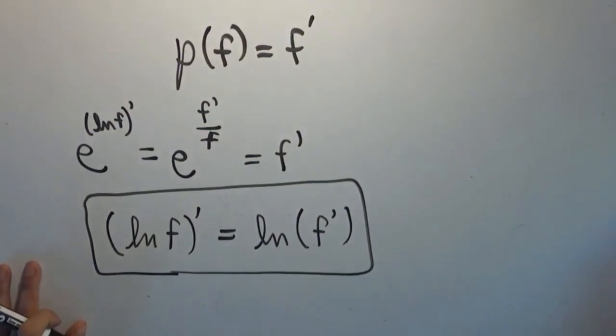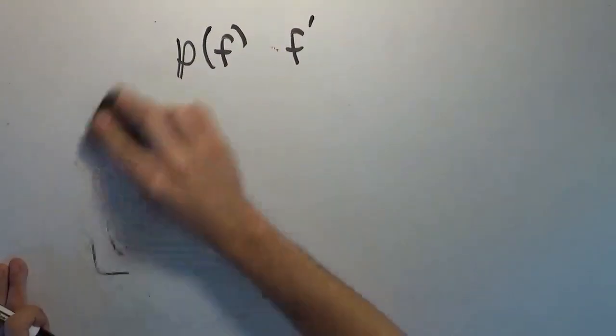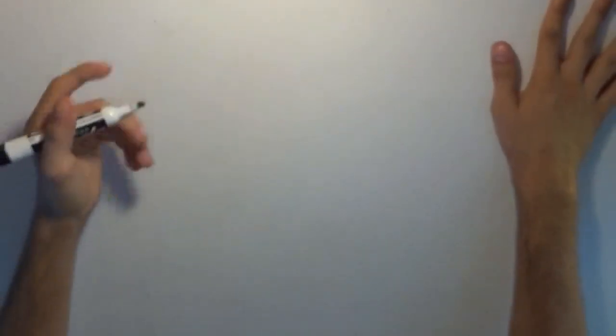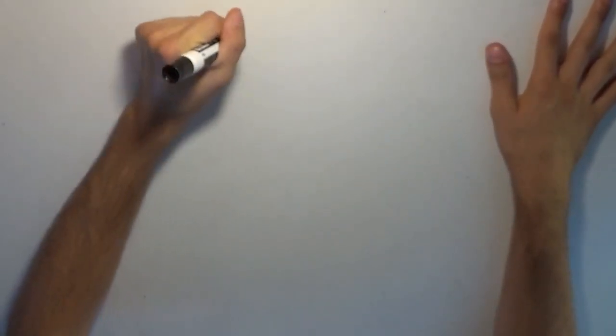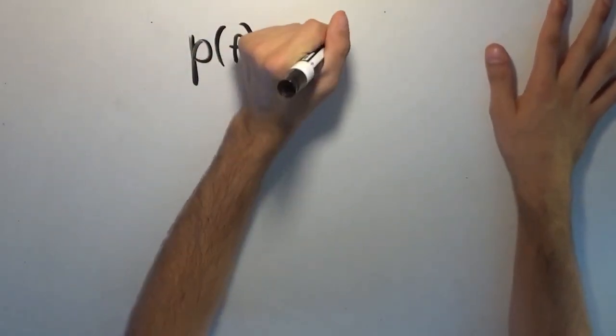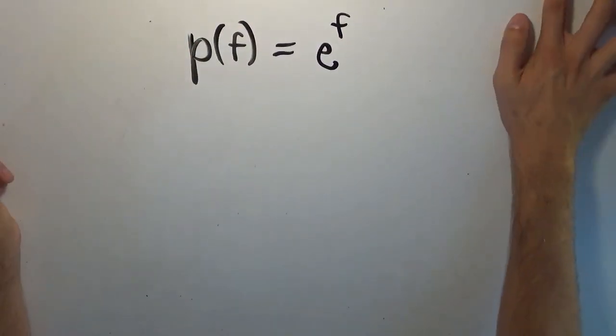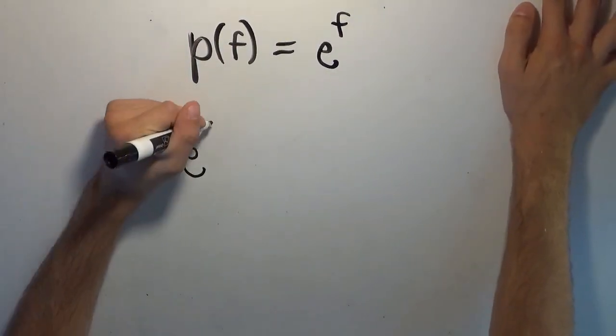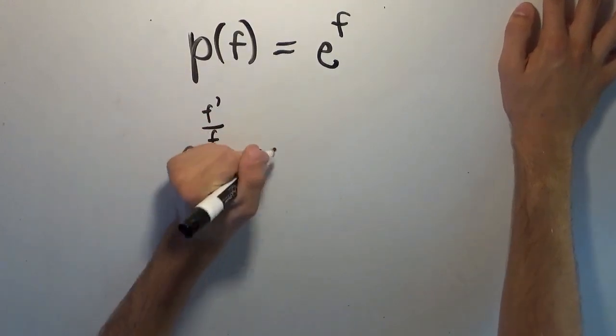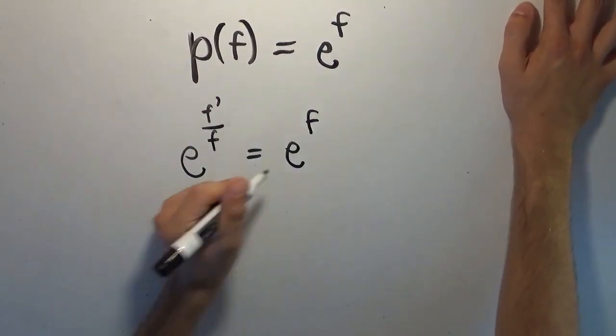So that's an interesting question. Another nice question would be, oops, I didn't mean to erase that. What if we take the product derivative of a function and we get back e to the power of that function? I think that's a pretty neat question to ask. So again, this is e to the f prime over f equals e to the f, right?